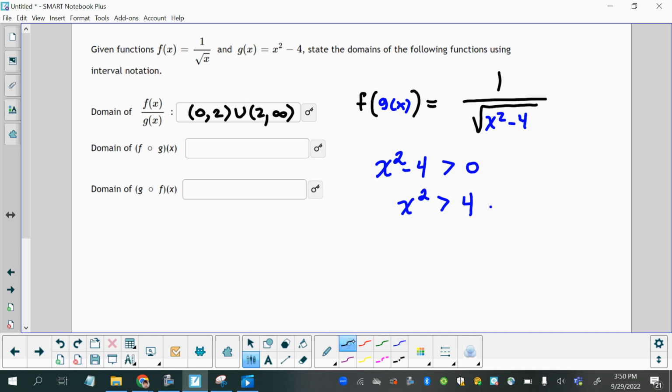Now we have to be careful, because if we just take the square root of both sides, we're going to get something that's actually not correct. If you take the square root of both sides, then you might end up with x is greater than plus or minus 2, right? Because if you take the square root of x squared, it becomes x. If you take the square root of 4, that becomes 2.